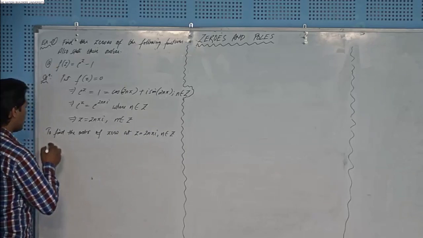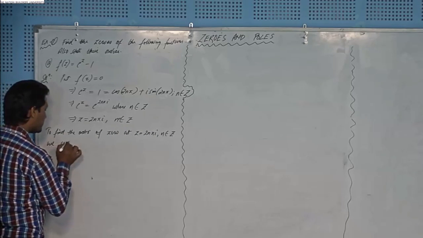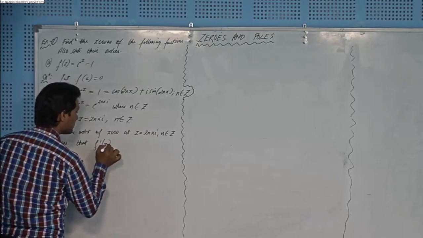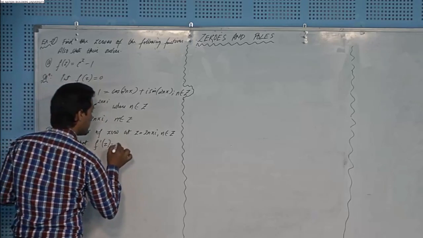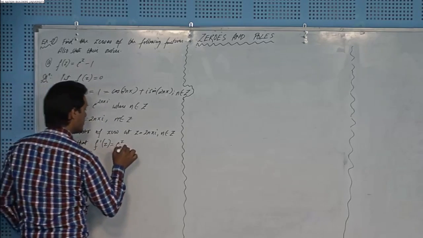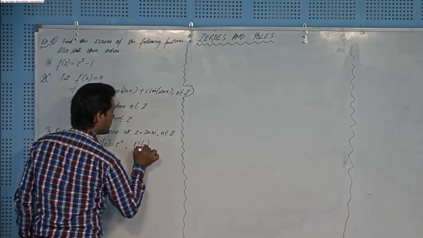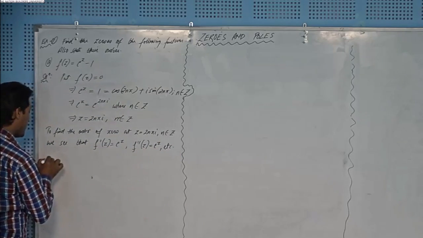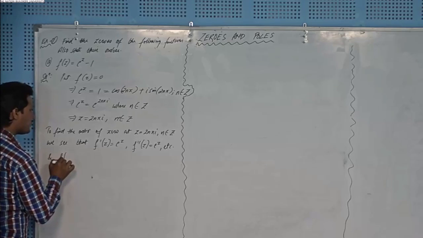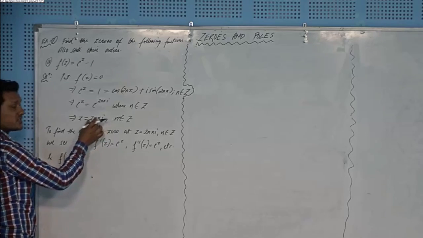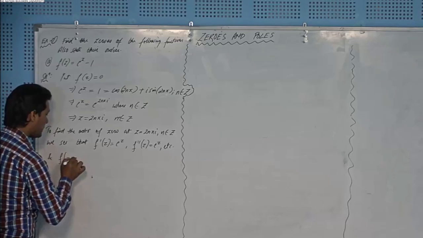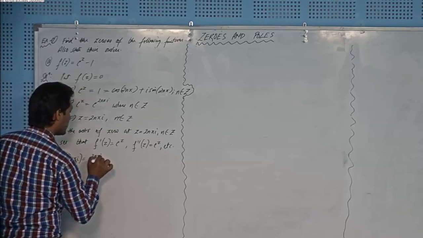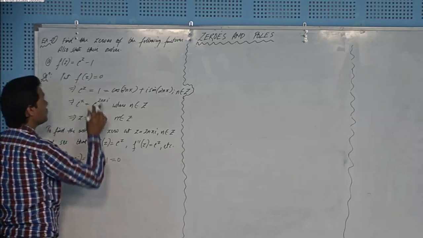We see that if I find f dash z, the differentiation of this, that will be e to the power z, and f double dash and all the higher derivatives will also be e to the power z. And if I put my zero 2n pi iota in f, it will become e to the power 2n pi iota minus 1, which is obviously equal to 0.